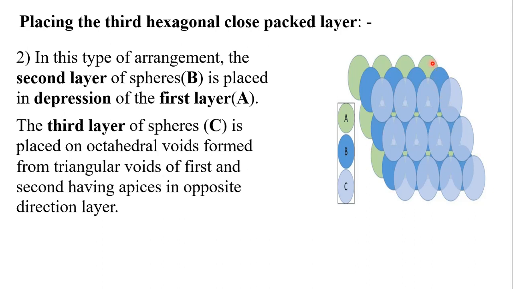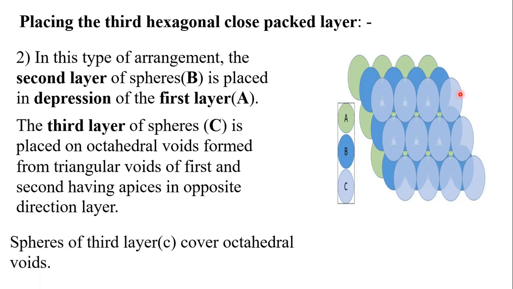So if you name this layer as A, then the second layer is B and the third layer is C. And if you place the fourth layer, then the spheres of the fourth layer and spheres of the first layer have the same arrangement.